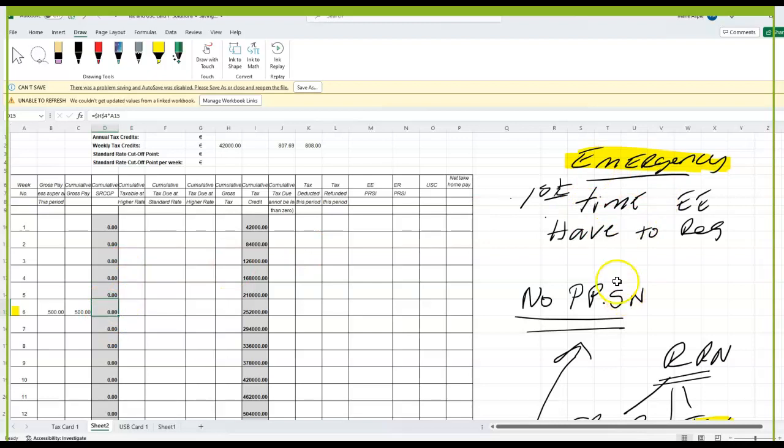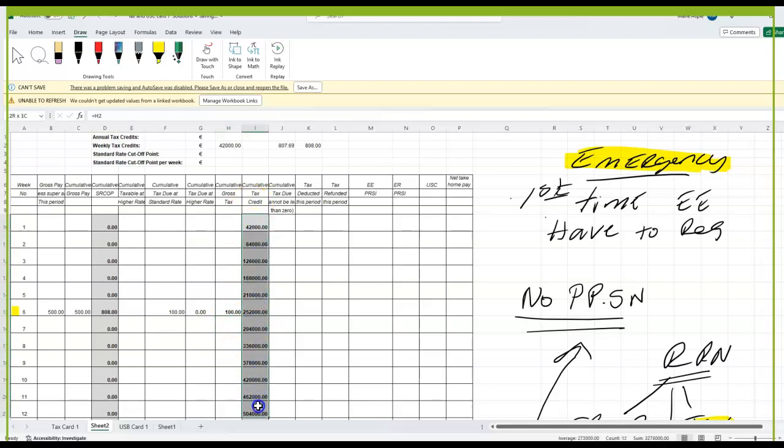Yes, if they've given the PPSN, you will give them 808 for that first week, which means the income tax is calculated at 20% only, because 500 is less than 808. So that is my €100. I've no tax at the high rate, and my gross tax is 100 plus 0, so 100.